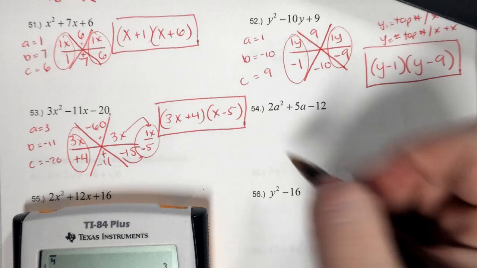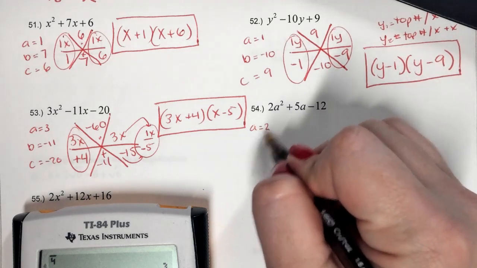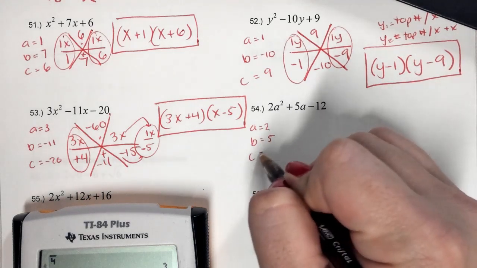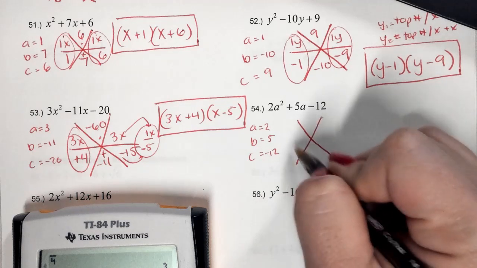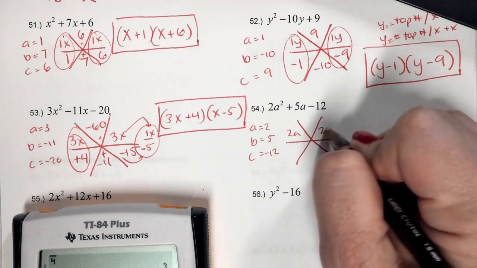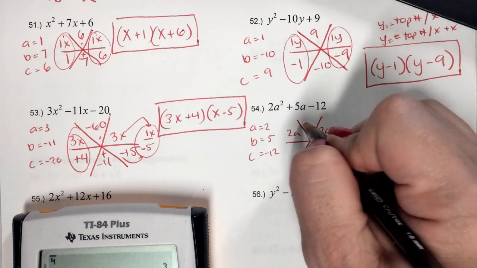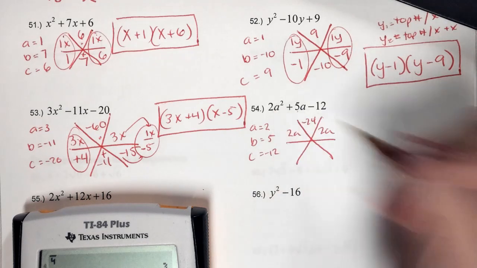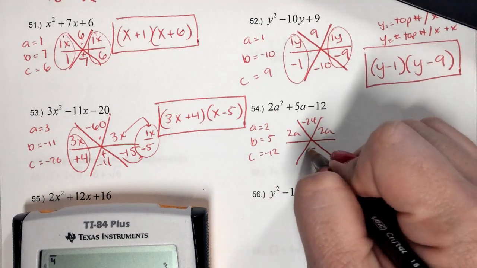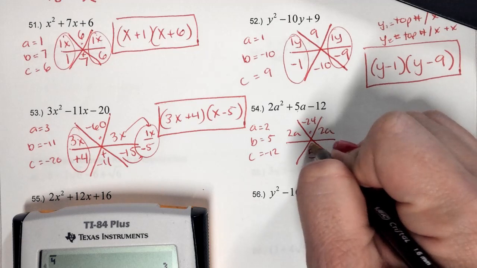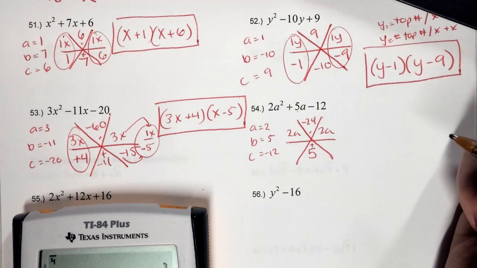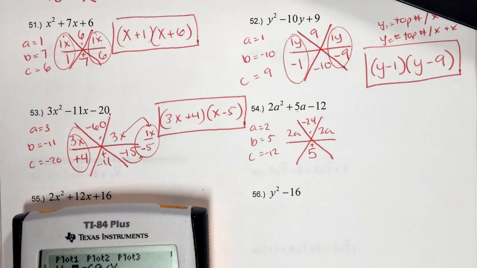Okay, so let's look at number 54. A, 2a, 2 times negative 12 is negative 24. There was no GCF, 2 didn't go into 5. B is 5. What multiplies to give me negative 24 and adds to give me 5? So I can do my trick.